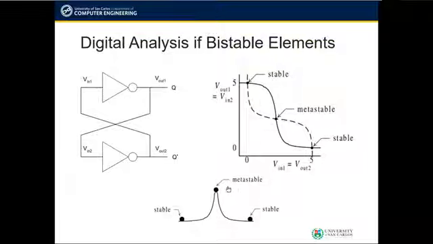As seen in this diagram, when a bistable element is in a metastable state, it is like being a ball on a steep hill. Slight variations in voltage levels between states may tend to automatically pull the bistable element to either of the two stable states, 1 or 0, or vice versa.